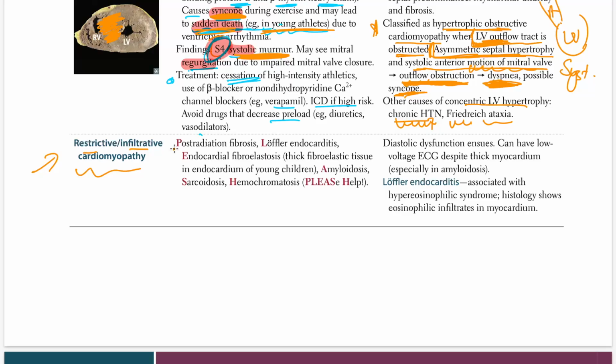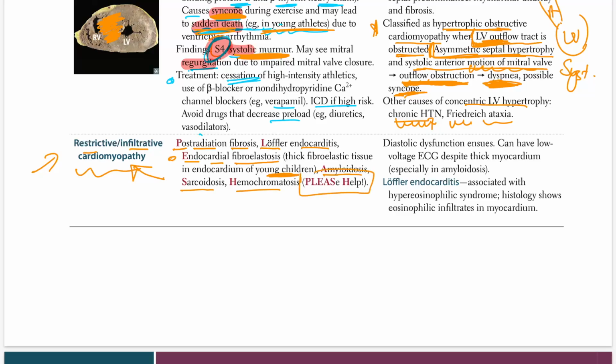So these are post radiation fibrosis, Loeffler's endocarditis, endocardial fibroelastosis, which is thick fibroelastic tissue in the endocardium of young children. If a young child comes up with this, you're going to think about endocardial fibroelastosis, amyloidosis, sarcoidosis, and hemochromatosis.